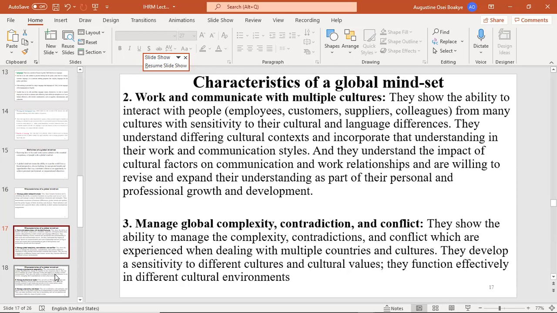They are always in control when they are dealing with cultures differing from their own culture. And they develop a sensitivity to different cultures and cultural values. They function effectively in different cultural environments. So, in terms of their level of adaptability, it is up there.